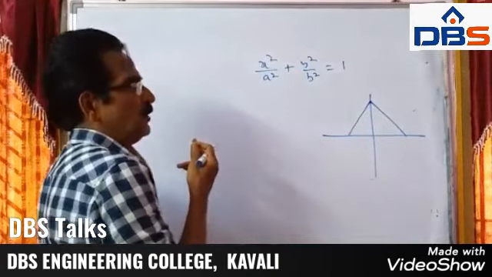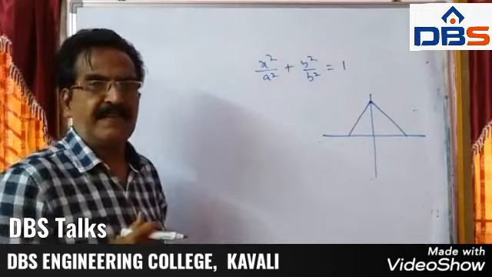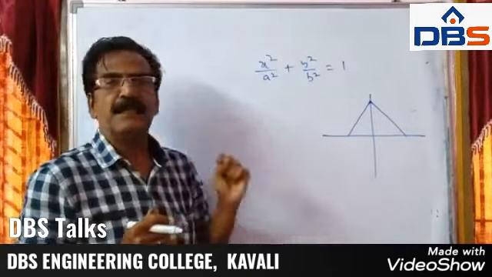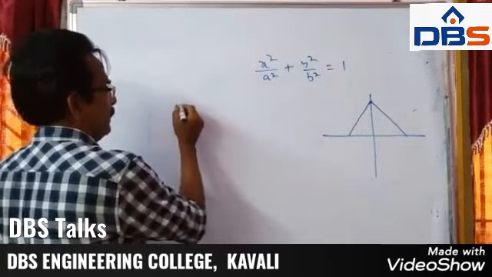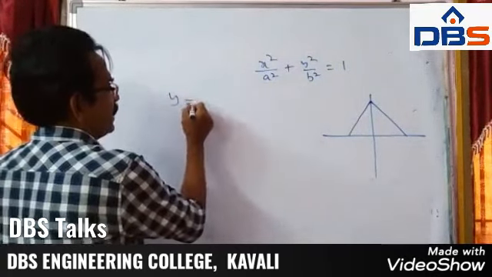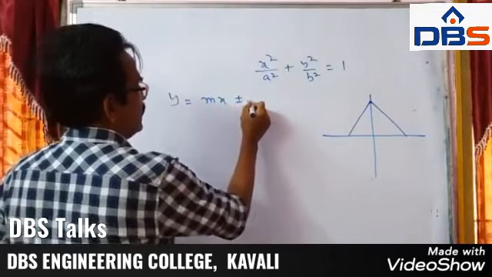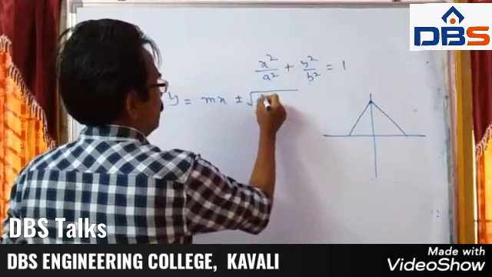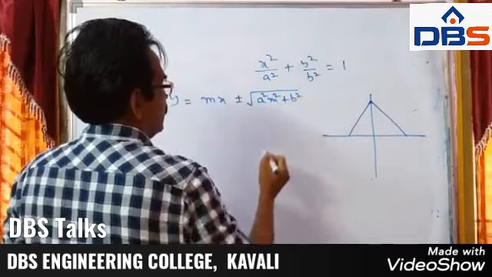Friends, you know the equation of a tangent to this ellipse whose slope is m: y is equal to mx plus or minus root of a square m square plus b square.